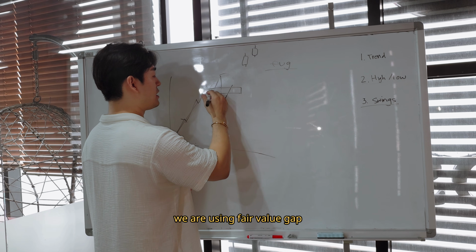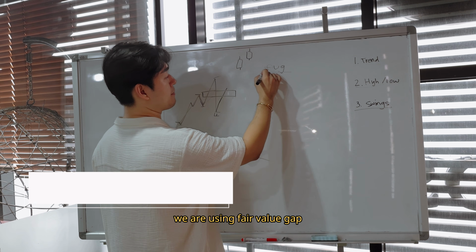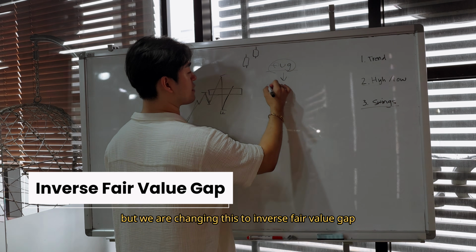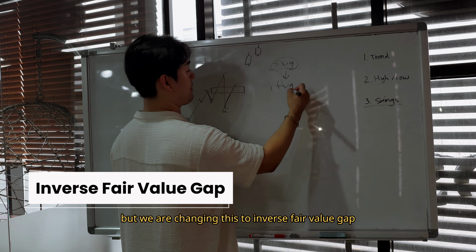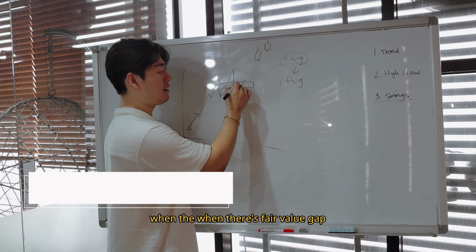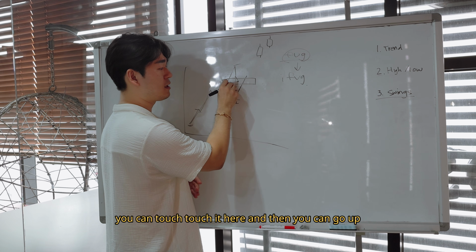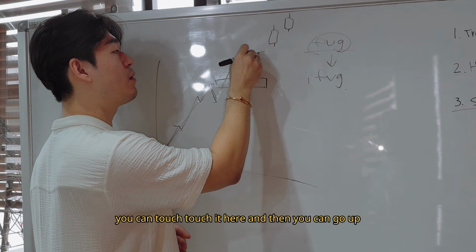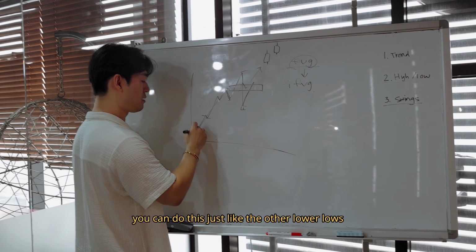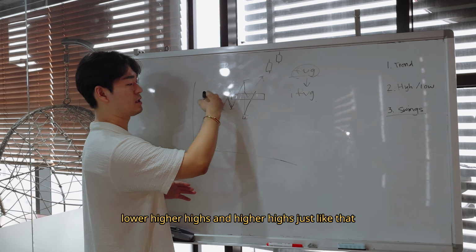We are using fair value gap, but we are changing this to inverse fair value gap. What it means is, when there's a fair value gap, you can touch it here, and then you can go up. You can do this, just like the other lower lows, higher lows, and higher highs.